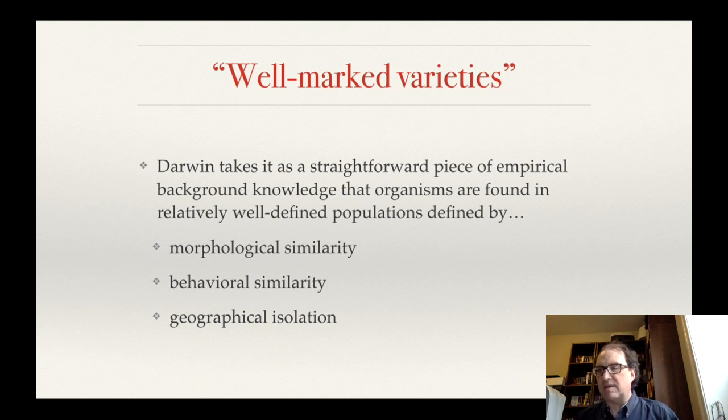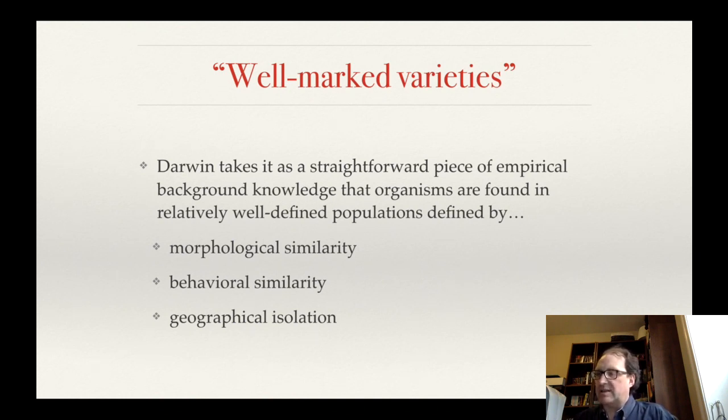The thing that needs to be explained, then, becomes why are they different from each other? Why is it that within a species, no two organisms are exactly the same? They're only similar. They're not identical.